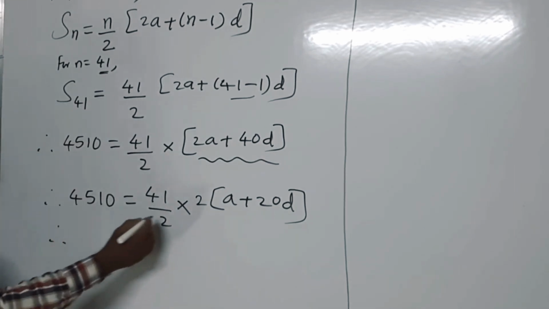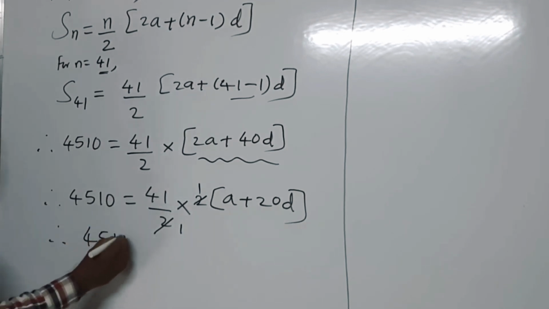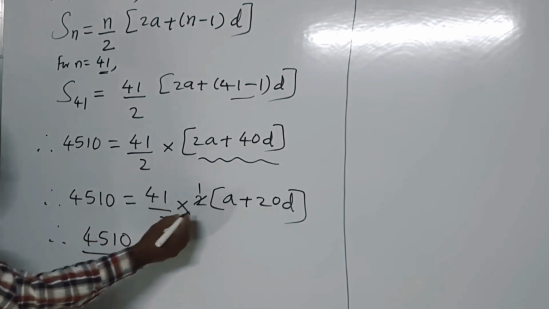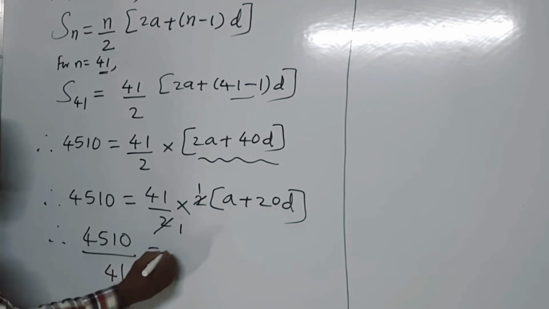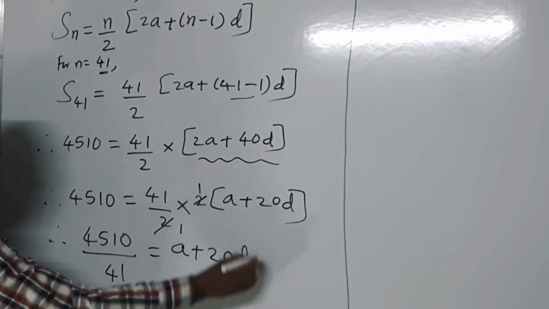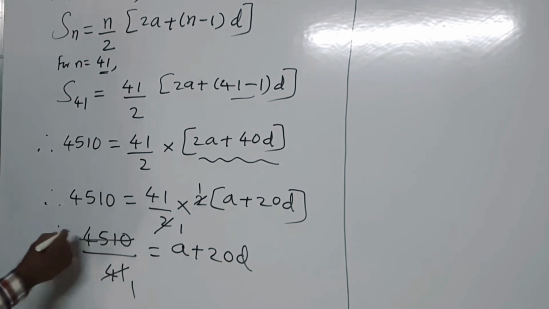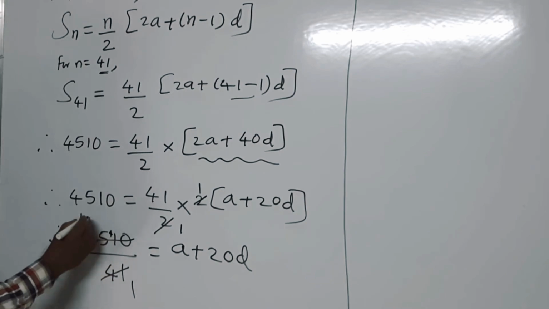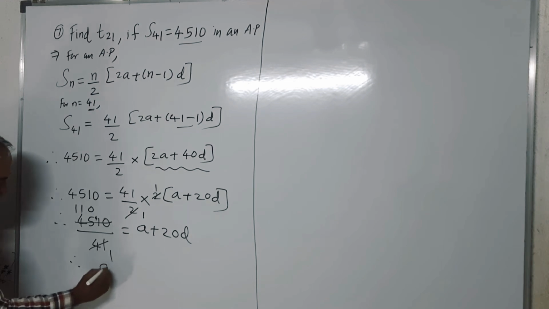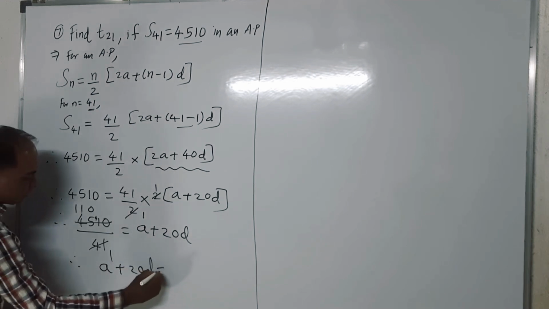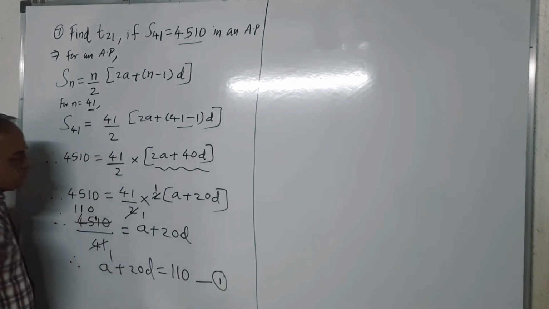Here the 2s get cancelled. 4510 divided by 41 is 110. Therefore a plus 20d is equal to 110. This is our equation number 1.